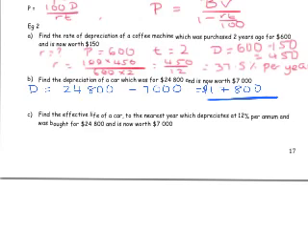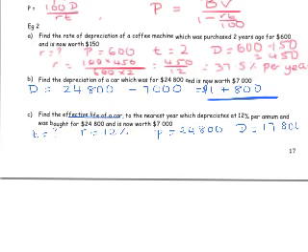C. Find the effective life. That means find T. Okay. To the nearest year, okay, of a car which depreciates at 12% per annum, so that's R is 12%. Principal or purchase price was $24,800. It's now worth 7,000, and we found out that depreciation earlier was 17,800.